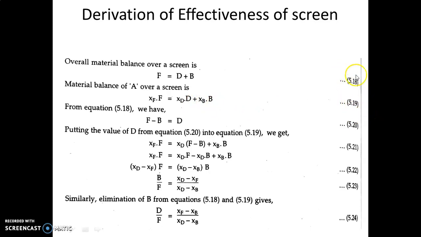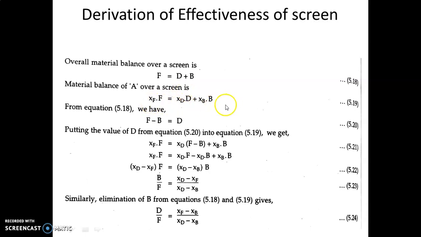These numbers are coming from your notes, so please refer to that. Then from equation 5.18 we can write F minus B is equal to D. So we just have to rearrange this equation, then put this value F minus B in place of D into equation 5.19.